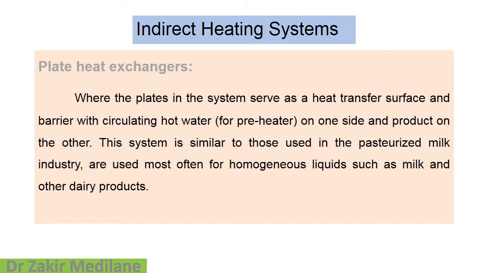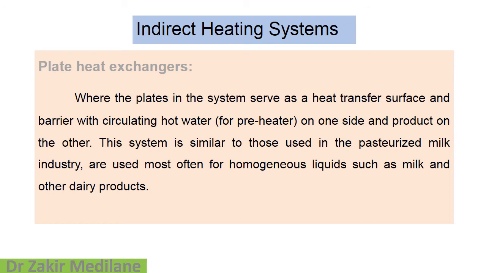The material we want to process aseptically is kept on one side of the plate, and the hot water is circulated on the other side. It is a partition. This system is similar to those used in pasteurized milk industries and is used most often for homogeneous liquids such as milk and other dairy products.